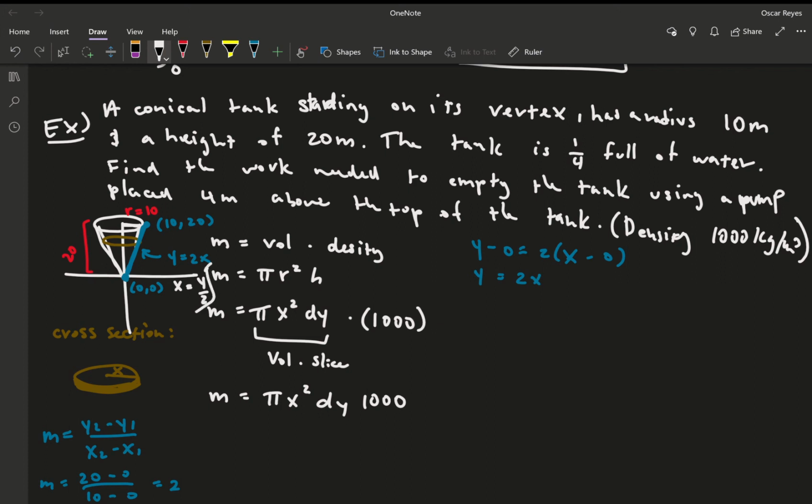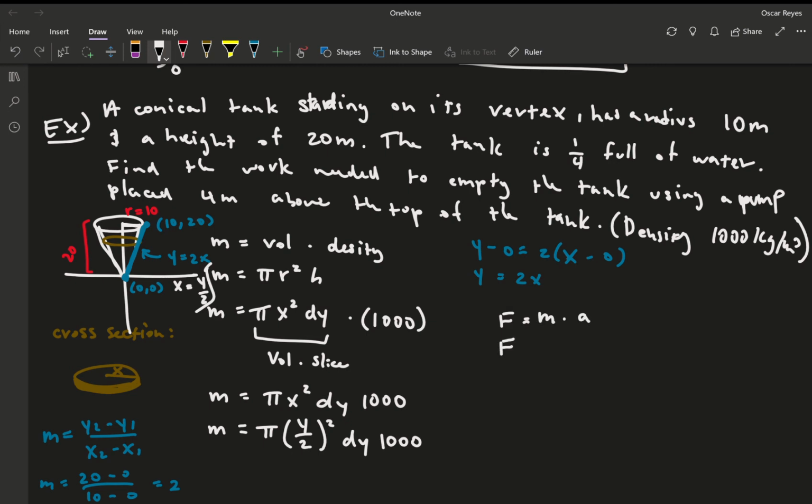So now that we have what our x is, we can implement that into here. So x equals y over 2, squared, dy times 1,000. So now we have everything with respect to y. So that's our mass. Then all we have to do is grab our mass and plug that into the formula of force. Force equals mass times acceleration. Now we know what our mass is.